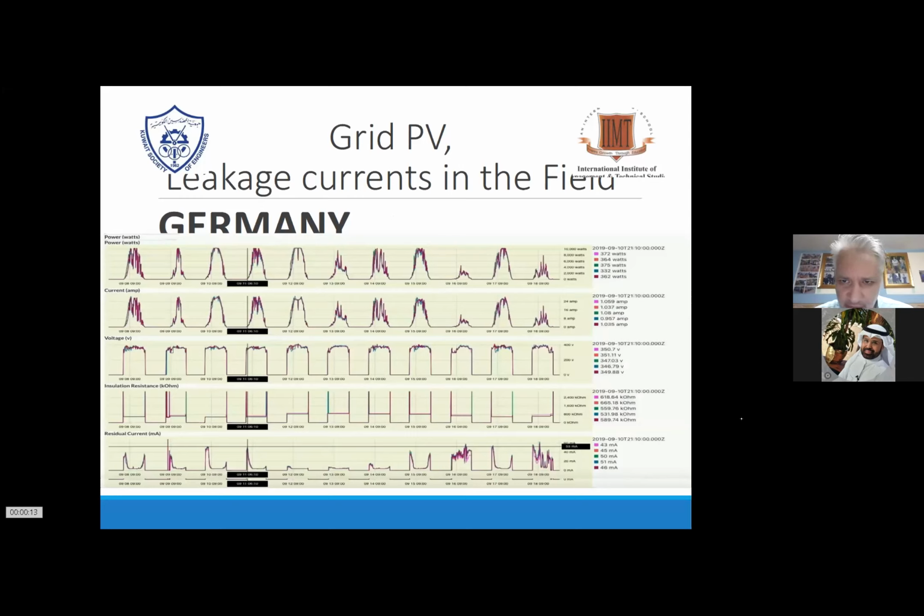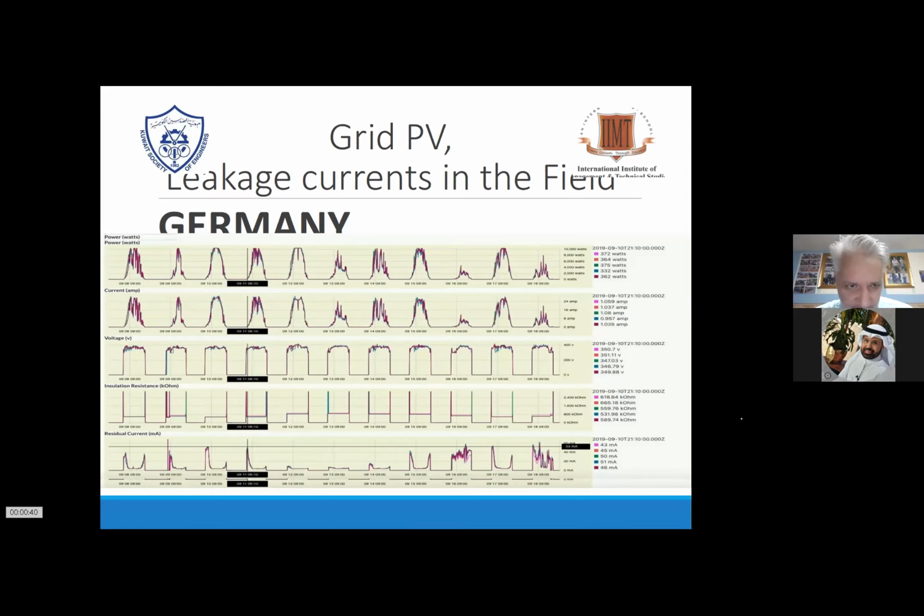You see the currents on different days and time frames. You can see the voltage, which is here 350 to 347. Like I said, most of the time these inverters have a specific MPPT, and they will try to go back to these values.